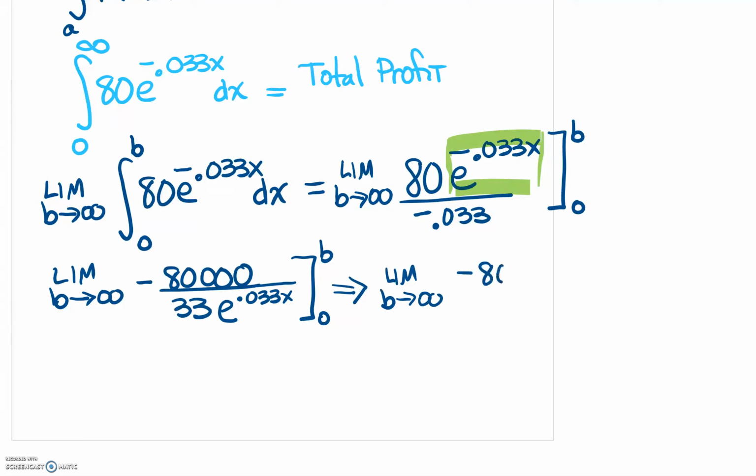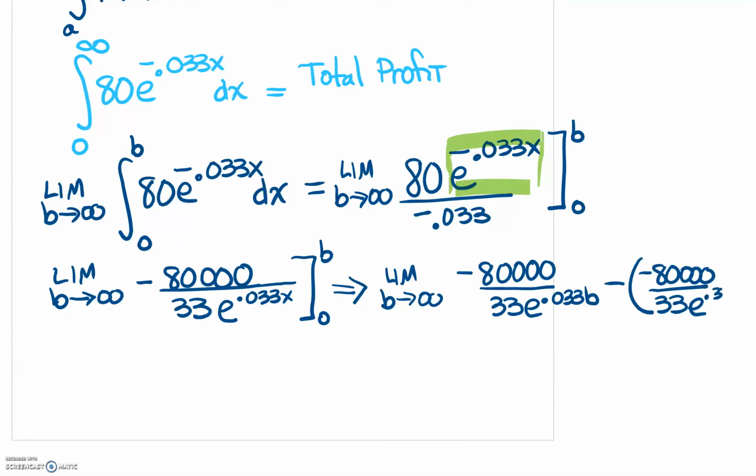So I've got negative 80,000 over 33 e to the 0.033, and then I'm going to plug in b, minus our negative 80,000 over 33 e to the 0.033 times 0. We're doing f of b minus f of a, that fundamental theorem of calculus. Okay, so we're plugging these in.